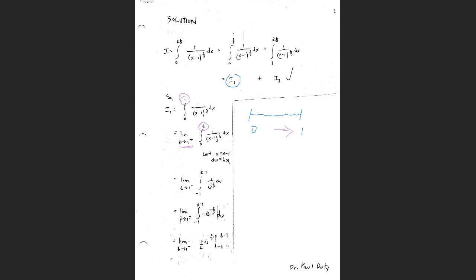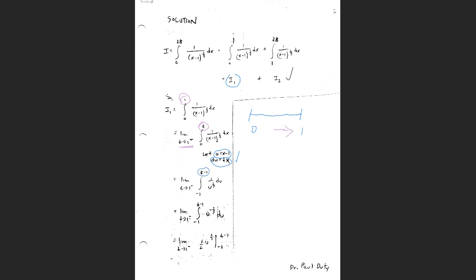So we'll let u equal x minus 1. Then du equals dx, of course. Okay, and so now we get this integral with respect to u. The t becomes a t minus 1.